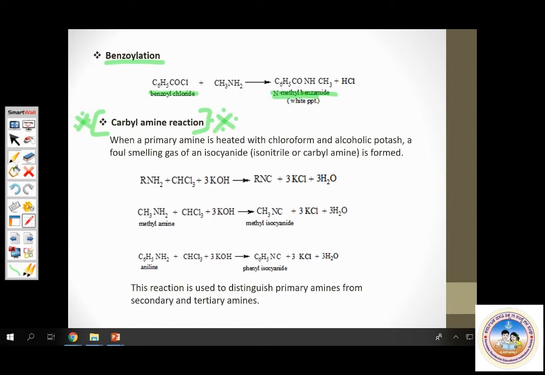So what is carbylamine reaction? In this reaction, a primary amine is heated with chloroform and a base, and you end up getting an isocyanide, a foul smelling compound. Please remember, this reaction is shown only by primary amines. Very, very important.